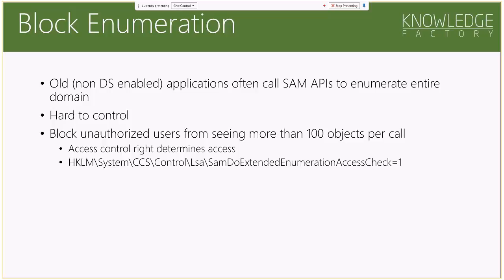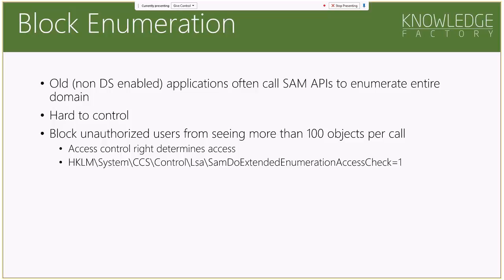We can block unauthorized users from seeing more than 100 objects per call. In the registry there's something, SAM do extend enumeration access check equals 1. So when the application is asking for information from AD, you can set an ACL and say, hey, I only give you 100 objects per call. That's fine.